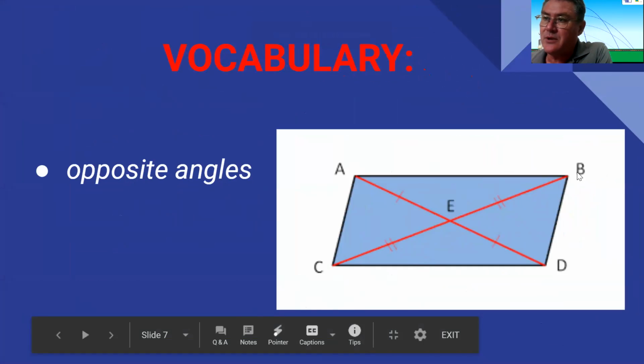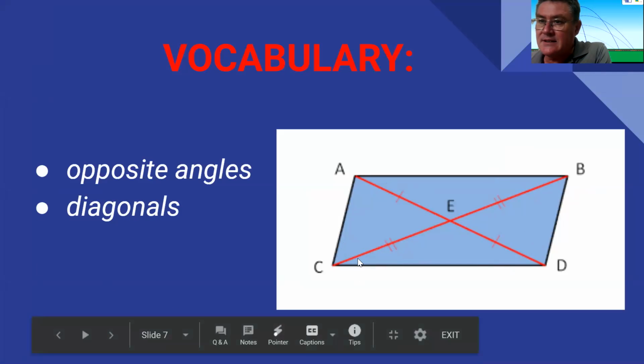C and B are opposite angles. So these are opposite angles. Just look carefully at the sizes of these angles. A and D, look at these opposite angles. Look at the size. So we've learned opposite angles.